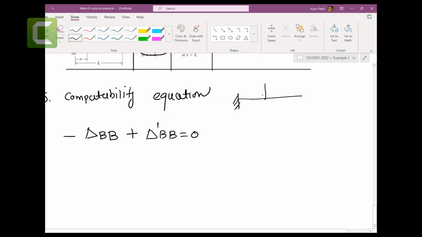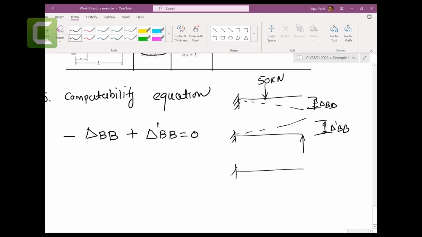You have the 50 kilonewtons here, and when you remove this roller support, you get delta B. When you put this force back, you get this delta BB dash. But you want to have this roller support back, which has a deflection equal to 0. So this down equals this up, or you can add them together to equal 0.